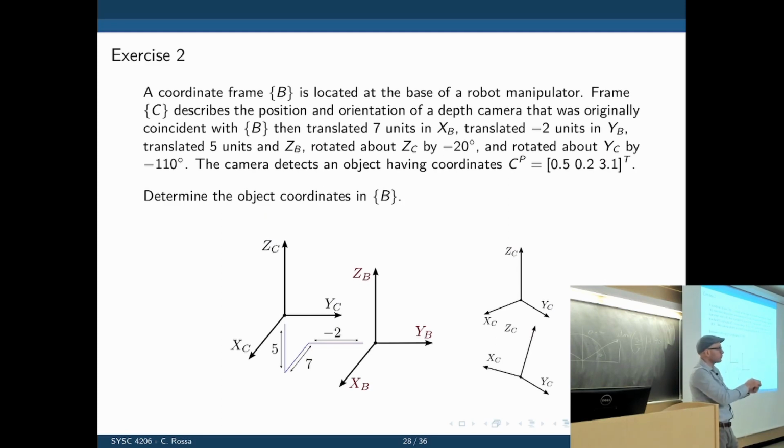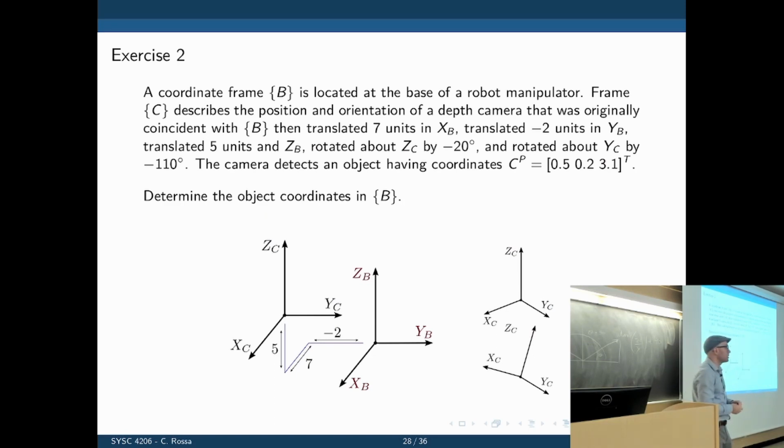Right? What do you want to know? We want to know how this point is expressed with respect to the base frame. Why is that useful? Well, because the tip of the robot is expressed with respect to the base. So if you measure anything with a camera, with an X-ray machine or whatever, that is not expressed in the same frame, we don't know how to position the robot there.